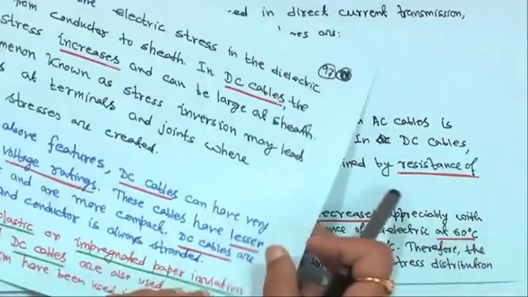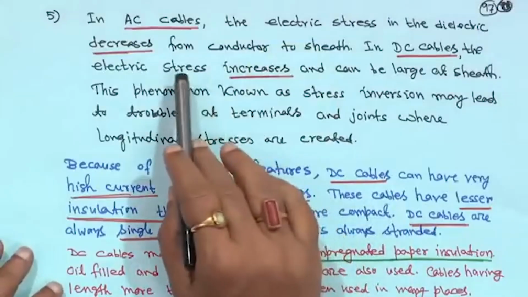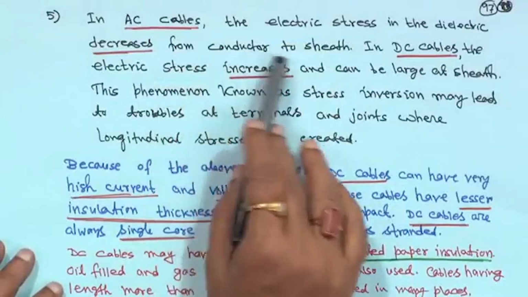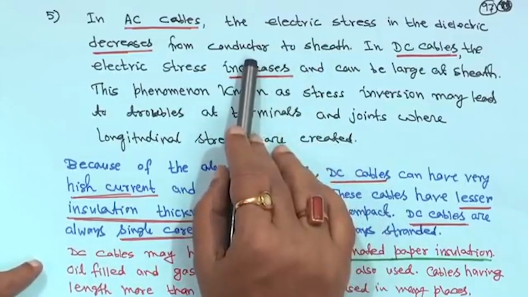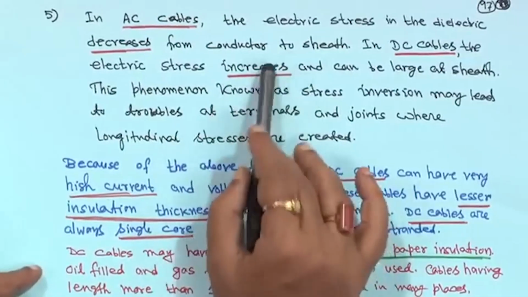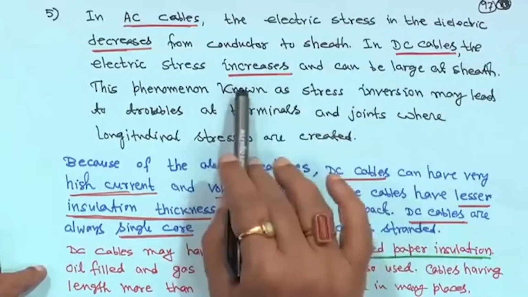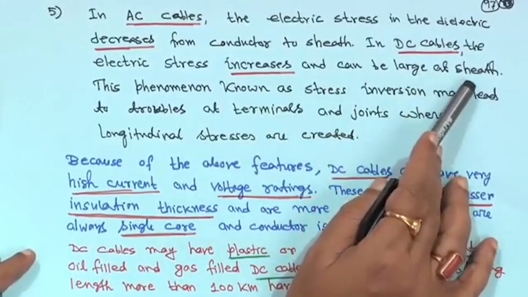Now, in AC cables, the electric stress in the dielectric decreases from conductor to sheath. We have seen that near the surface of the conductor the electric stress is higher, right, and when you are moving towards the sheath, it is less. In DC cables, the electric stress increases and can be large at the sheath, just opposite.